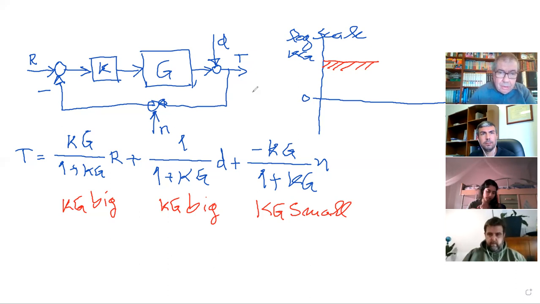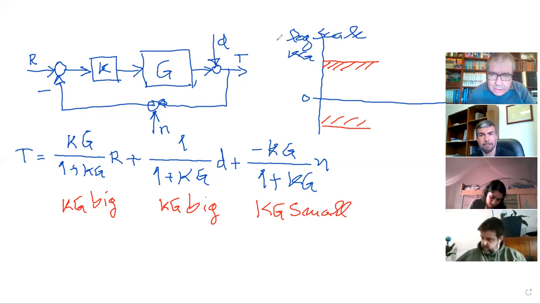So if you put the barrier here, you would say, well, this is forbidden. And there is no solution because you are finding something that should be very big and very small at the same time. So what is the solution?